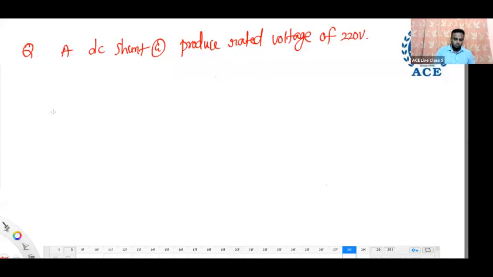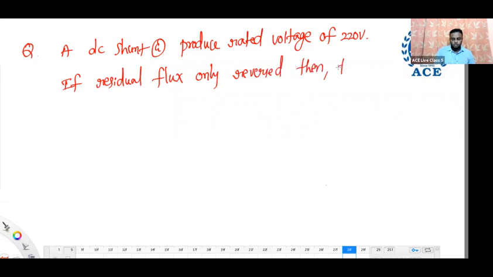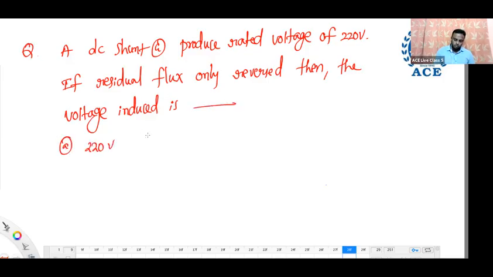If only the residual flux is reversed, then the voltage induced is dash. Same options: 220 volts, 0 volts, minus 220 volts, none of this. What is the answer?